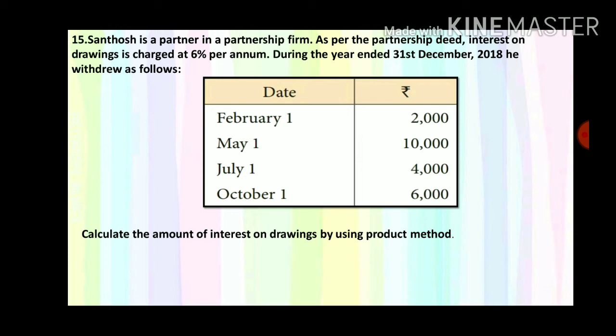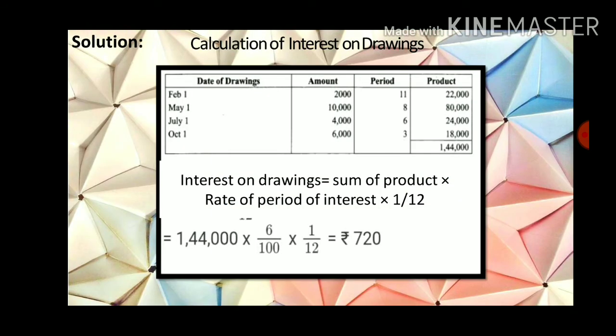Product method means what? Already told, product method is the irregular period method. Irregular period means beginning, middle and then end. So calculation of interest on drawing.